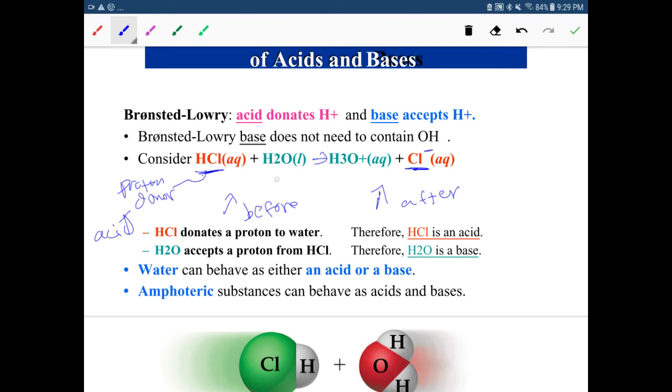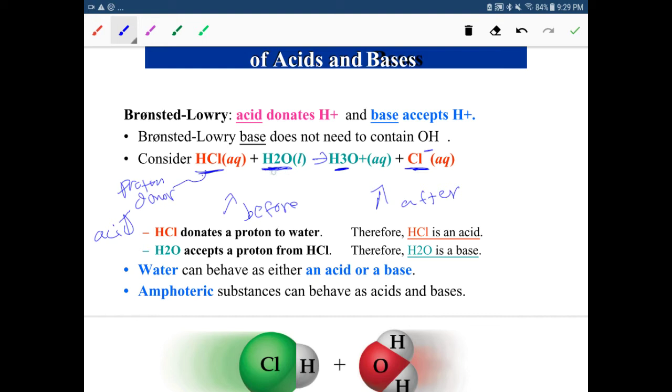Right. Now, let's look at H2O. H2O here has two H's. Let's look at what happens after. After the reaction, it has three H's, H3O plus. A hydrogen ion was gained, a proton was gained, the proton was accepted by the H2O, so now it's H3O plus, right?